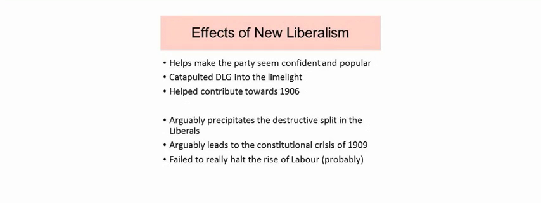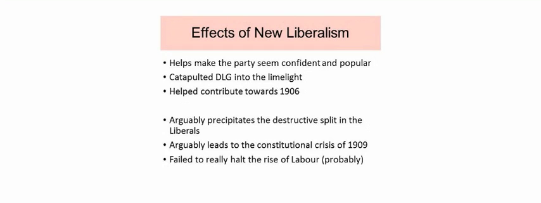Arguably, though, in the long term, it causes more problems. There are many Gladstonians who either leave straight away, or are uneasy about this. They are prepared to accept it in 1906 to win the election, but they do not want it to go too far.